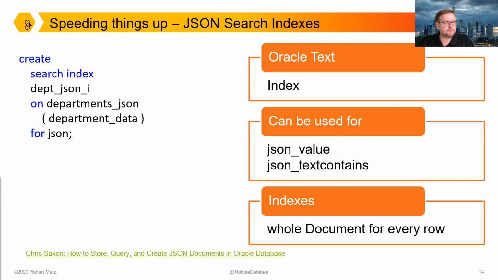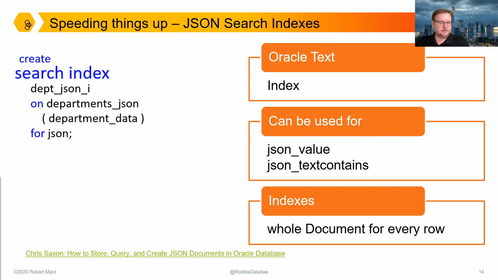And the search index can be used for the functions JSON_VALUE or JSON_TEXTCONTAINS, so you can do free text searches. The important thing is that it indexes the whole document for every row. So those search indexes will be way bigger than the function-based index, where you index only special fields inside your JSON document.